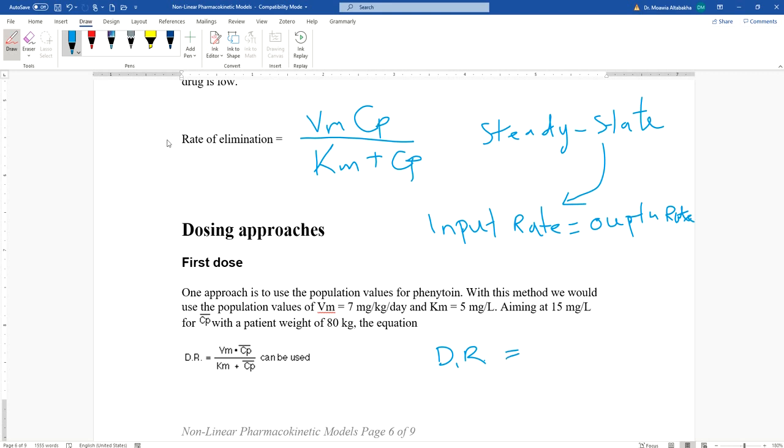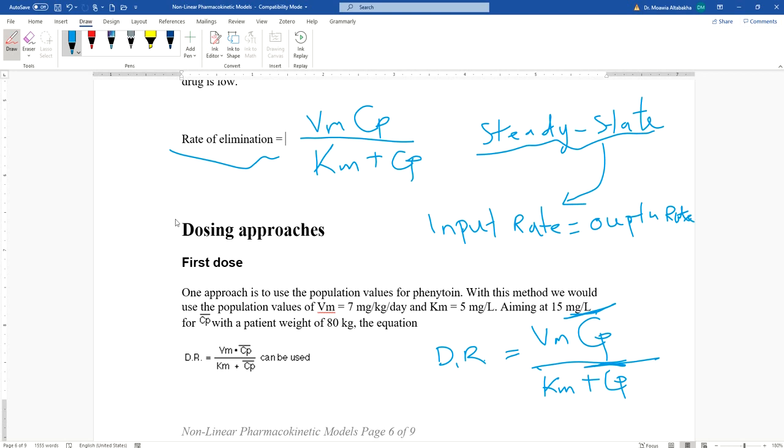The output rate, which is the rate of elimination, will be equal to Vm times Cp divided by Km plus Cp. Now here I need to add something. Since I'm talking about steady state, the concentration here will be the steady state concentration, which is the average concentration. So I'm talking about the average concentration.